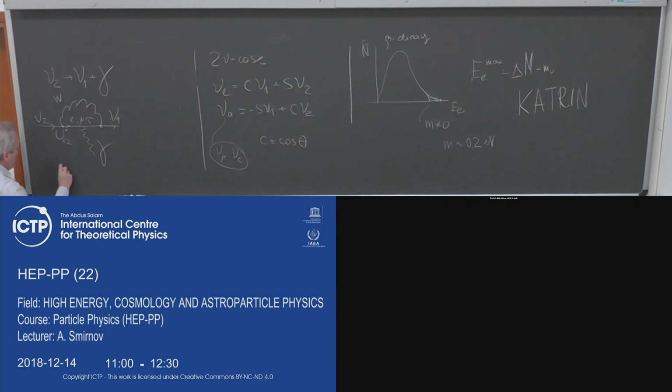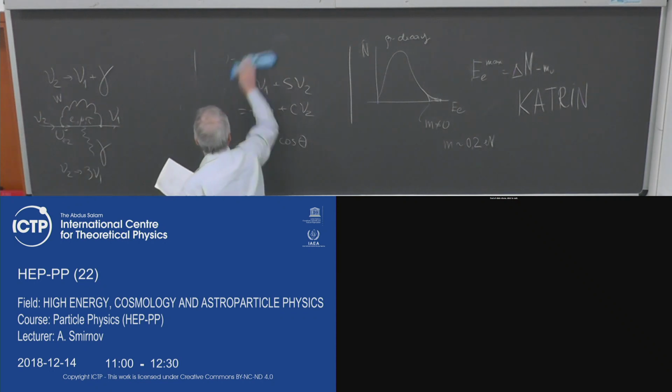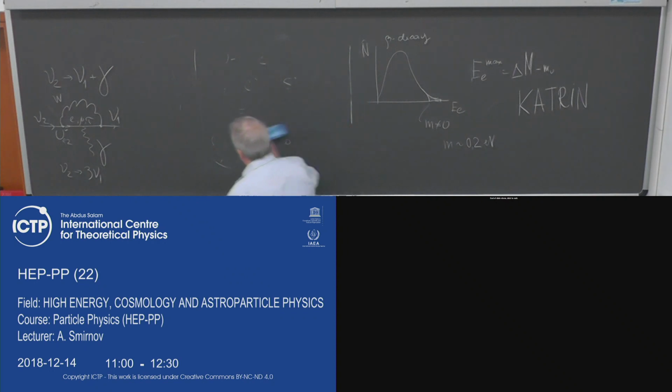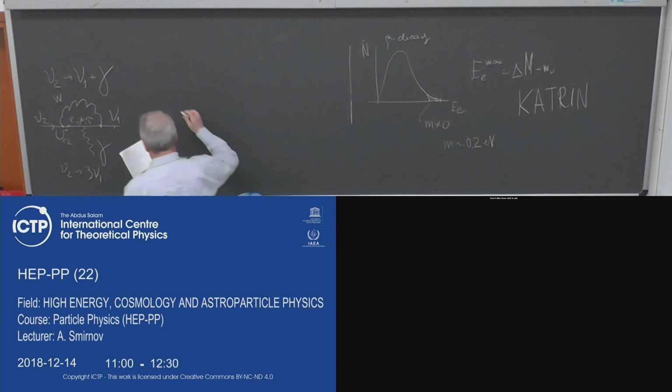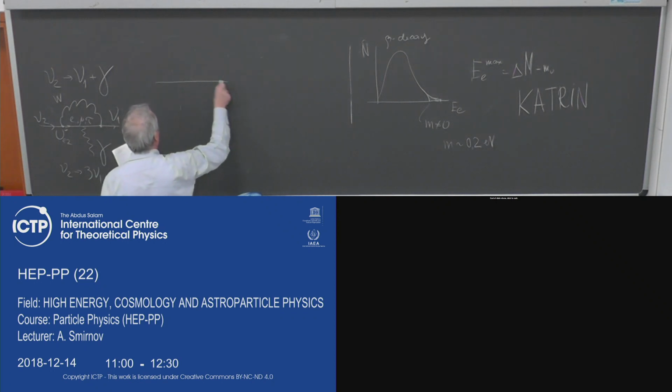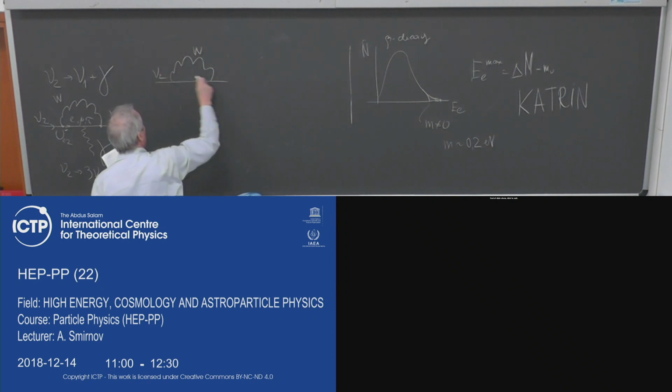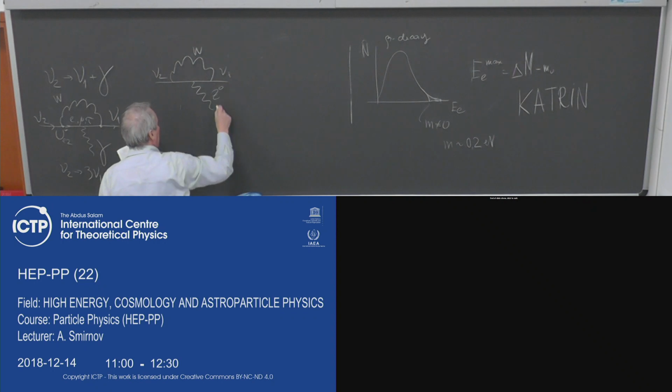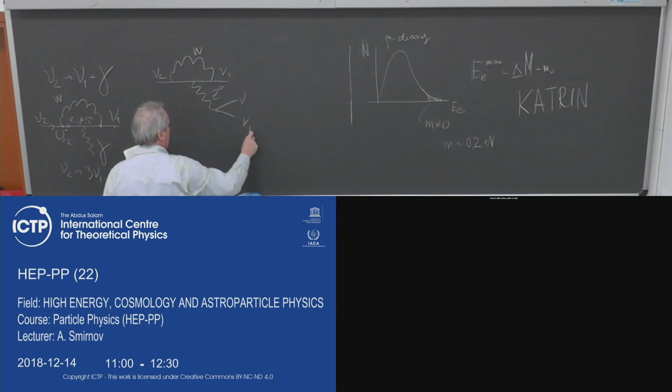Another mode of decay is that ν2 can go into 3ν1. The process is quite similar. Now we have here the W boson, ν2, ν1, but here is Z0, which then decays into ν1 and ν1.